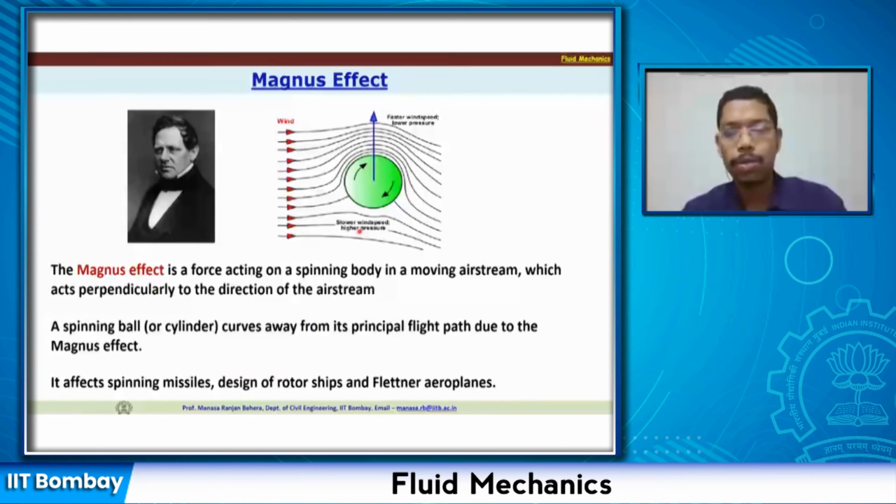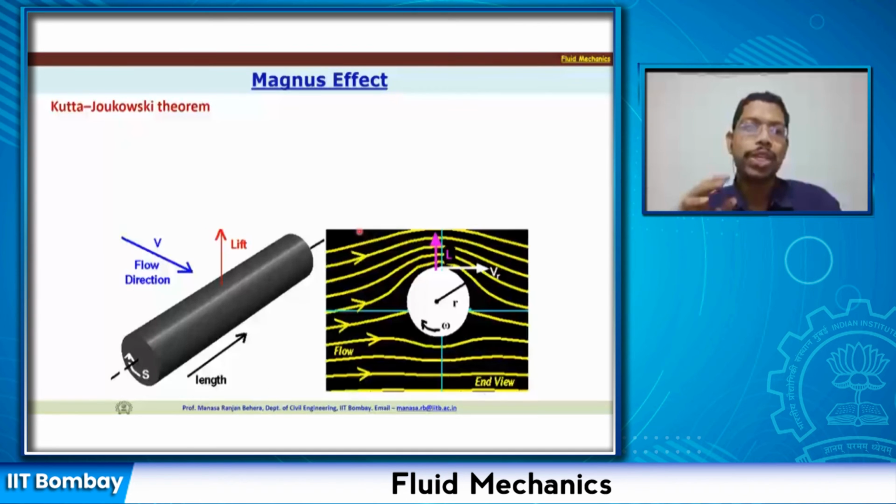Anyway, those things will not be taken up here, it will take a lot of time. So having understood the Magnus effect, this is only a qualitative and theoretical explanation. Magnus first presented this theory, but the expression for it was derived by Kutta-Joukowsky.